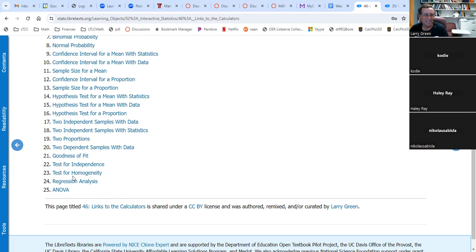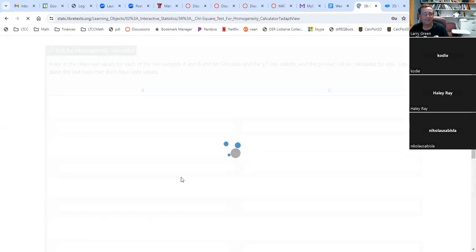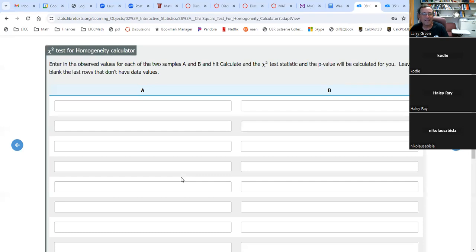And that's it. This week we do 3 different ones. So I go test for homogeneity. And here I did it by A's and B's with 2 columns. And we got to put our numbers in.